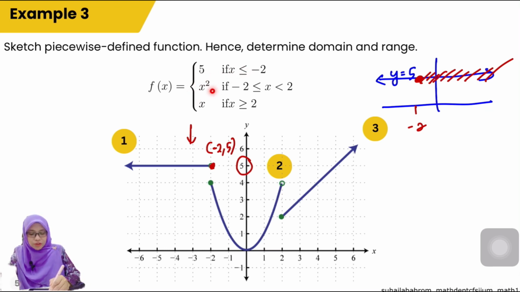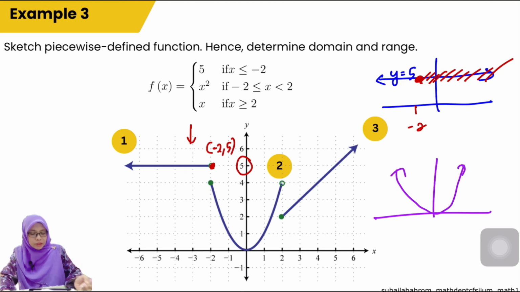Then for the next one, the quadratic, by right, our basic graph for the quadratic should be something like this. And when you refer to the domain, we are just interested in the values of x between -2 and 2. Please take note whether there is an equal sign or not. For x squared here, this is referred to -2.